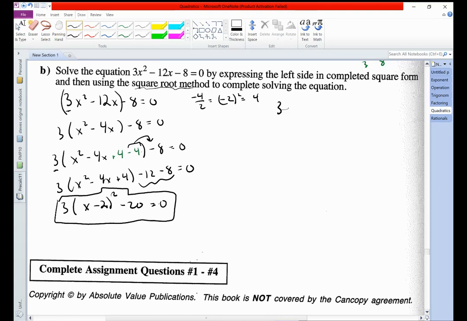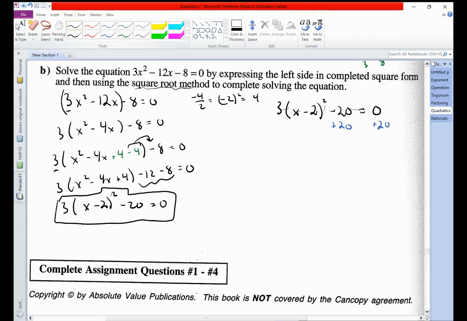So we have 3 times (x minus 2) squared minus 20 is equal to 0. I wish that lag in my pen would go away. Okay, I'll fix that after this video. So we're going to add 20 to both sides.